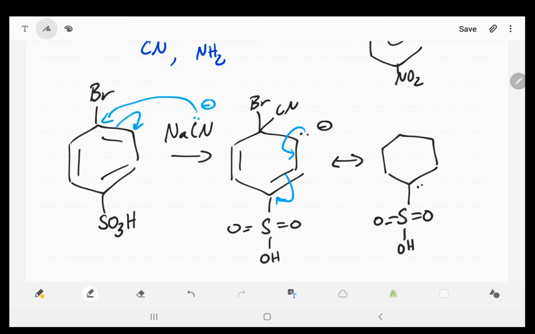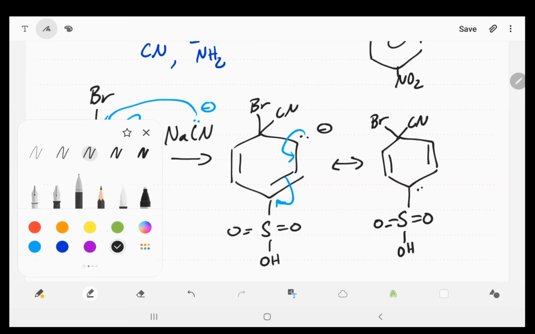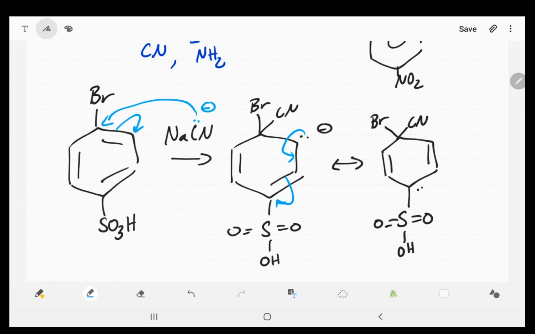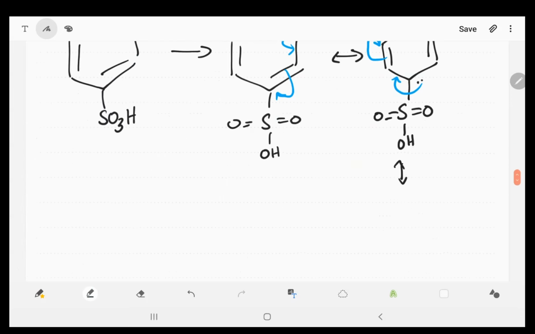Ideally, we would resonate it towards that sulfonyl, but in the interest of showing you all this fun stuff, I have a name for this. Do you remember last time we talked about the sigma complex with the electrophilic aromatic substitution? Sorry that we have to go down here a little bit. I'll adjust it in just a second.